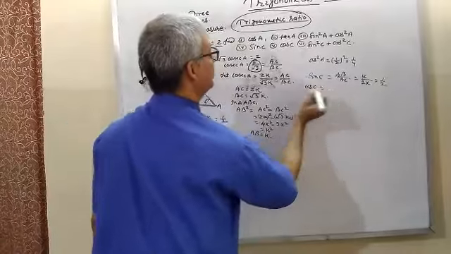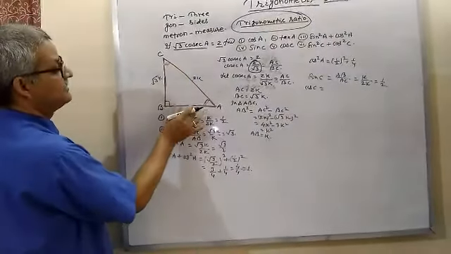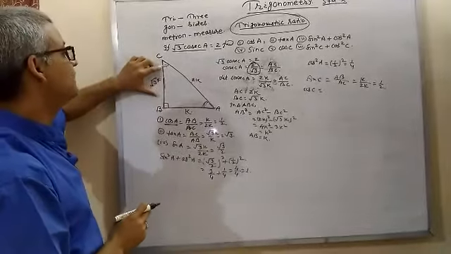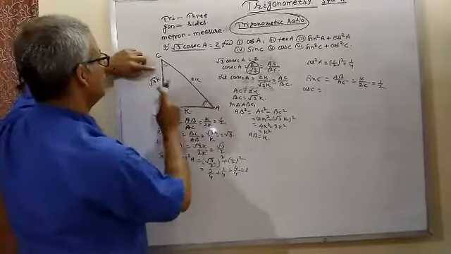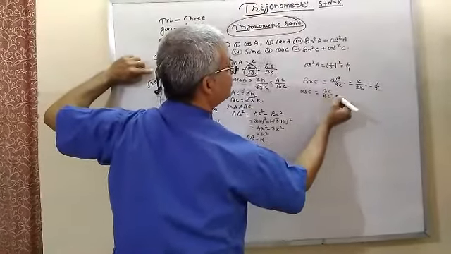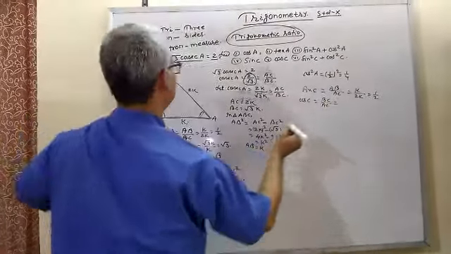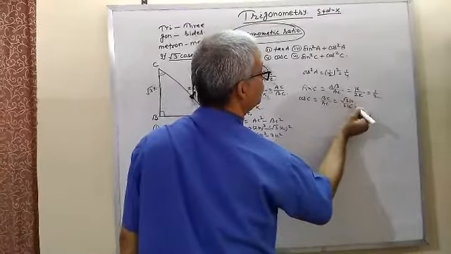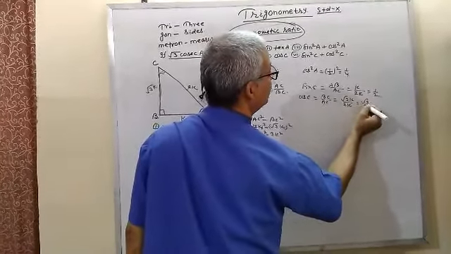Similarly cos C, for this angle, this is perpendicular, this is base, and cos is base by hypotenuse. So here cos C is equal to BC by AC, that is equal to root 3k by 2k, that is root 3 by 2.